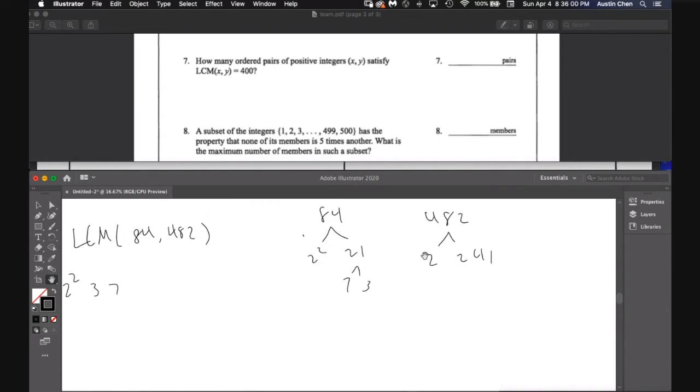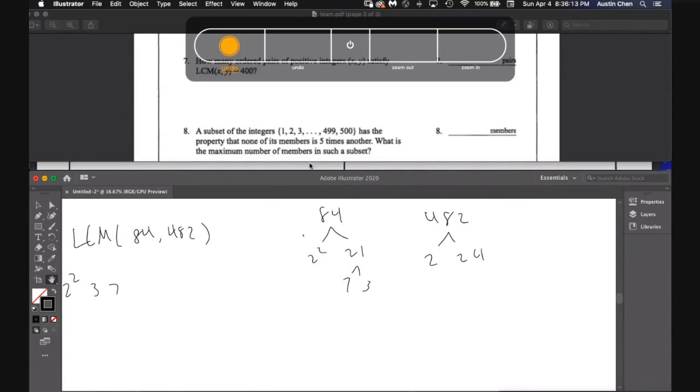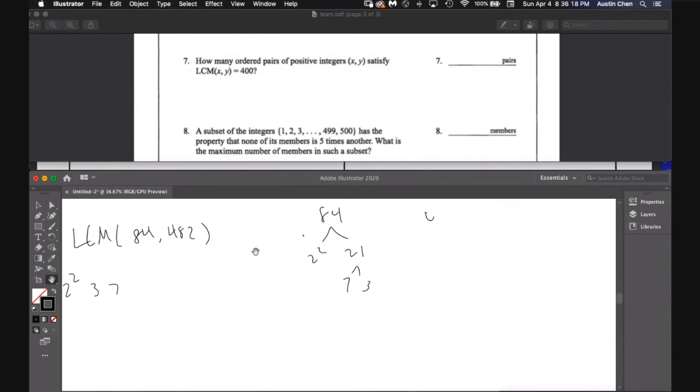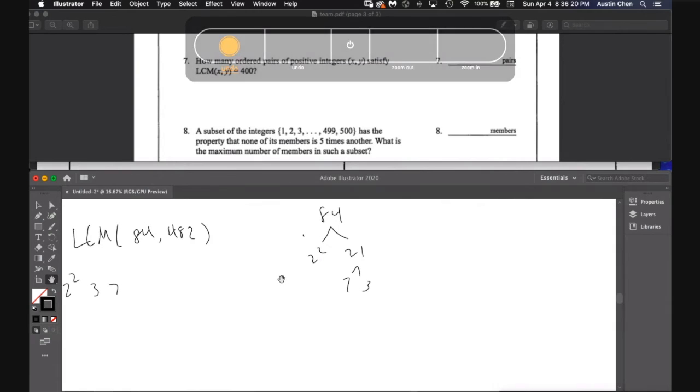I can check. It is prime, by the way. Okay, no, I'm going to use something cooler as an example. Okay, I'm going to use 98.